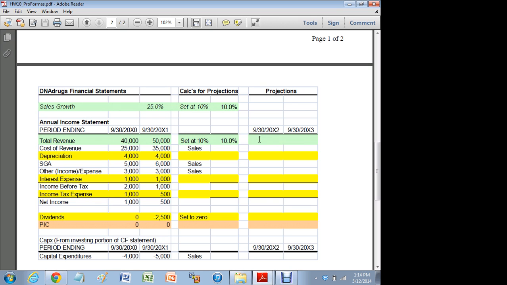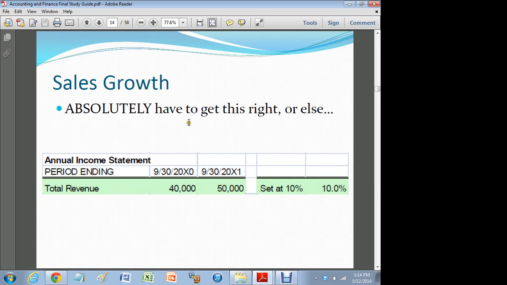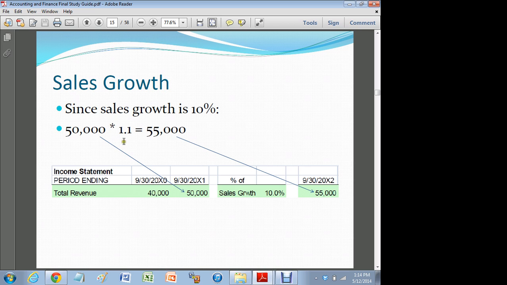That's the first number we're going to solve for. Usually they tell you what this number is because all the other assumptions are based off of this. Here they said the sales growth is at 10%, so you just take 10% more of 50,000 and that's your new sales figure. Double check this number and make sure you have it right, because all the other ones will use this 55,000 for their own calculation.